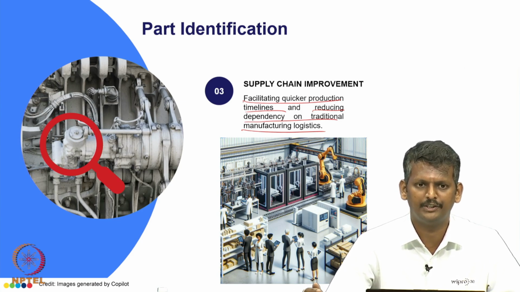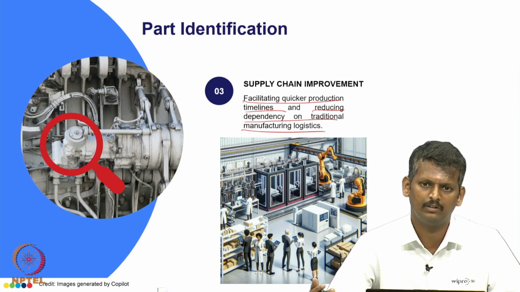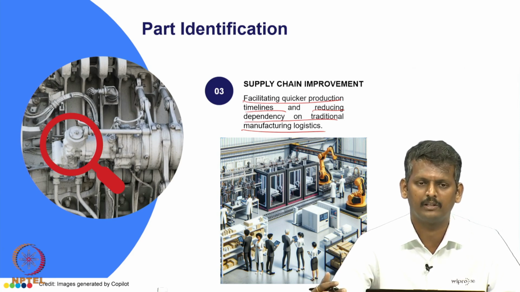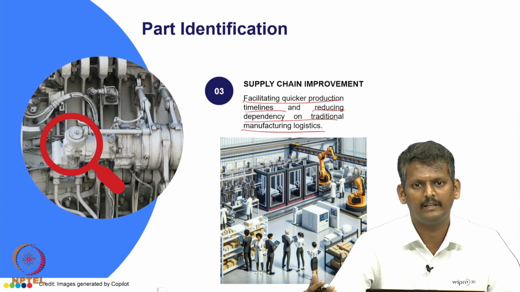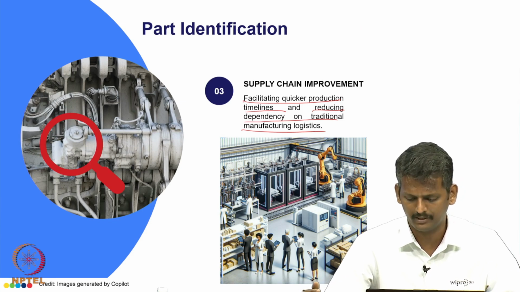When they are on the ship, there need not be all the accessories maintained in the warehouse of the ship. With additive manufacturing, the designs can be stored in a digital inventory, and whenever a particular component needs to be replaced, it can be manufactured immediately with the AM machine and then replaced.